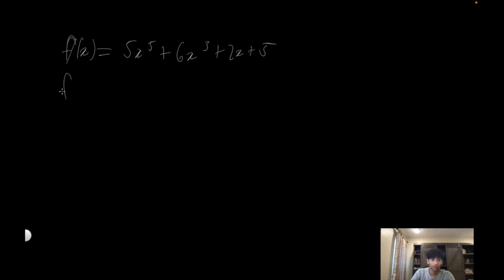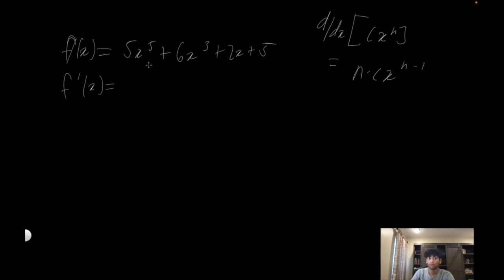Let's try to evaluate the derivative, so let's find f prime of x. Let me put the power rule here again: d/dx of cx to the n power is equal to n times c times x to the n minus 1 power.